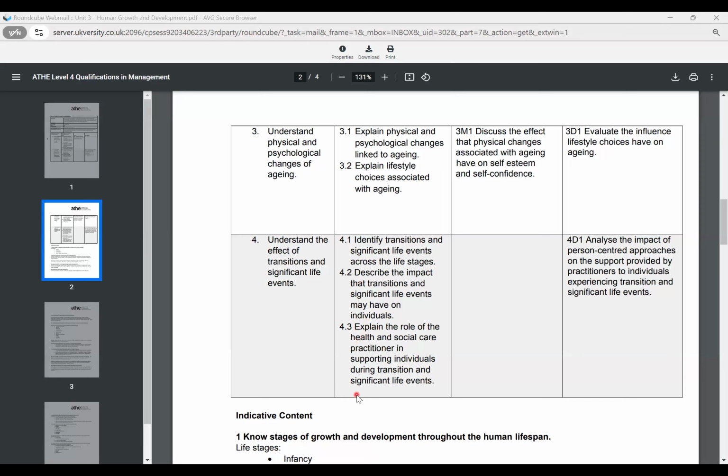Also for a pass, you would want to explain the role of health and social care practitioners in supporting individuals during transition and significant life events. In order to have a distinction, you would want to analyze the impact of person-centered approaches on the support provided by practitioners to individuals experiencing transition and significant life events.